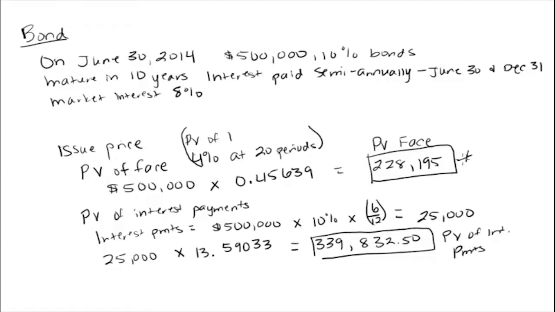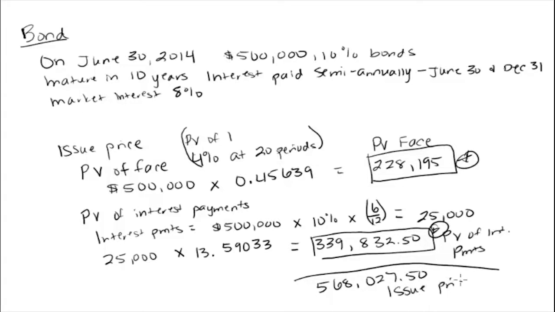We're going to take this and this, and add them together. If we add those two together, you will get $568,027.50. This is the issue price of the bonds.